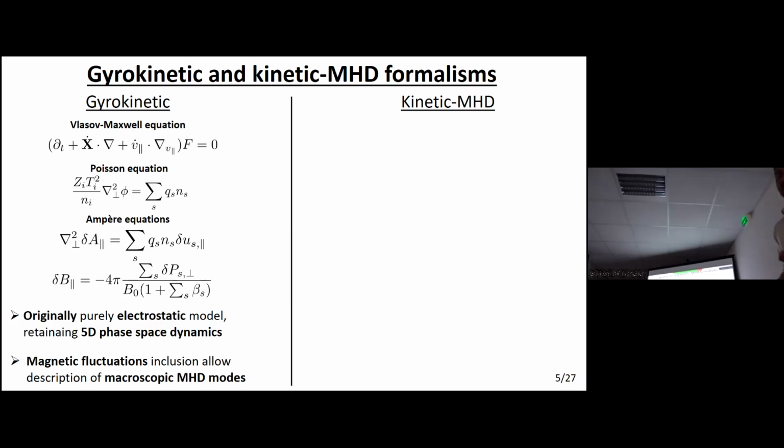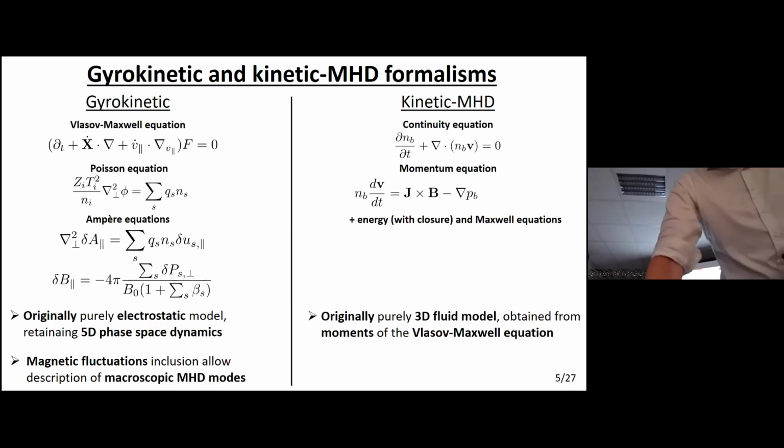On the other side, you have the kinetic MHD formalism. Originally, it was a purely fluid model that was just taking the moments of the Vlasov equation, using a continuity equation, momentum, and finally an energy equation. Here we have a given closure.